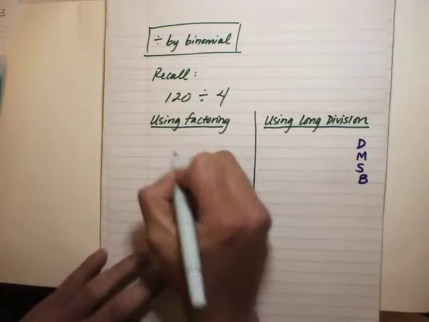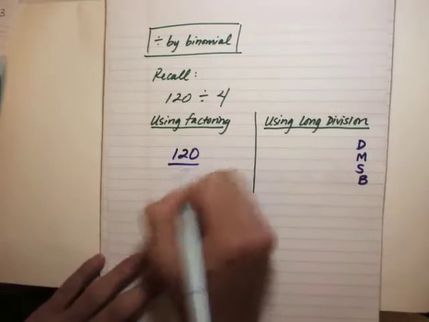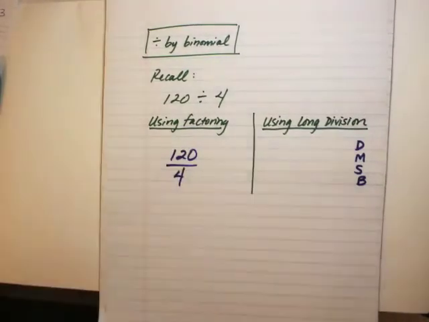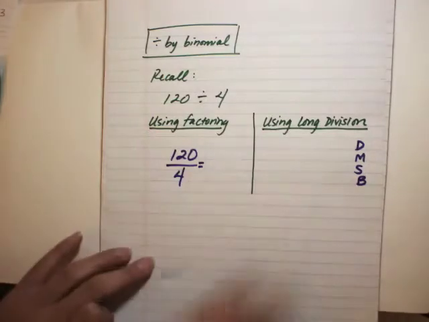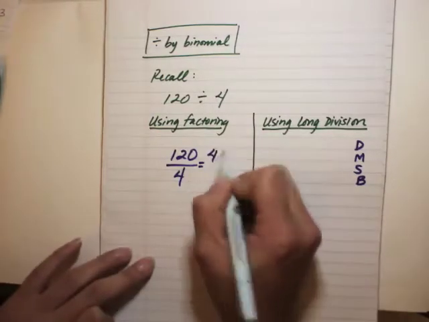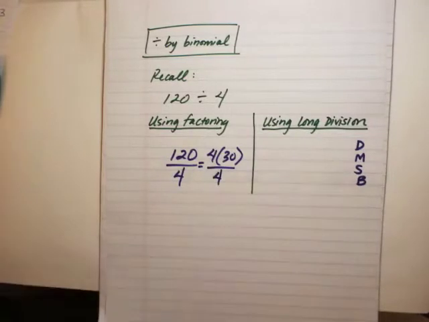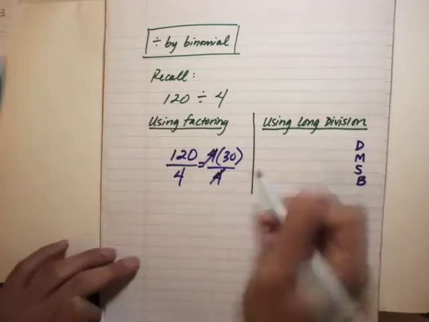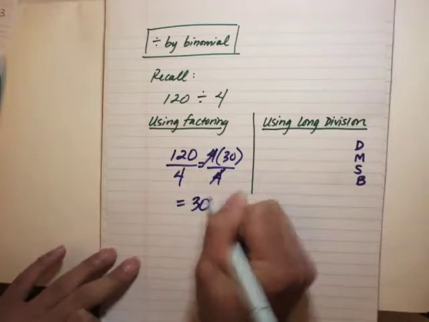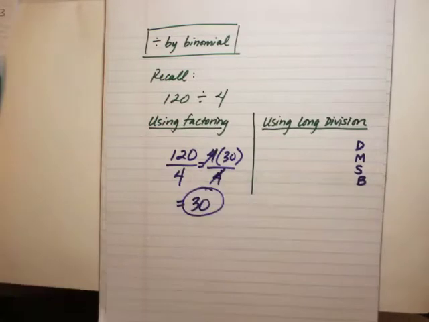You have 120 divided by 4. If you were to use factoring, we would factor out a GCF. So you could write this as 4 times 30 over 4. So you have a common GCF, and that would simplify to just 30. So what you did here is you factor out a GCF.